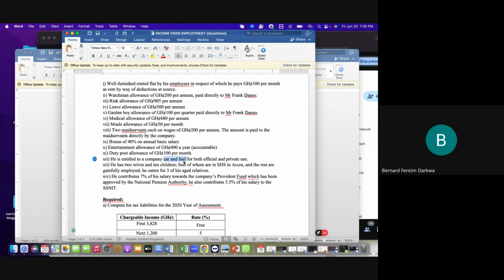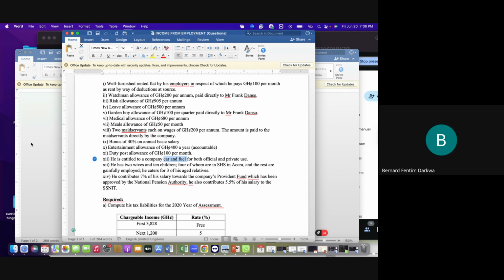Once you are giving car and fuel, if we are giving car, fuel, and driver, what percentage are you taking? That one will be 12.5%. Good.